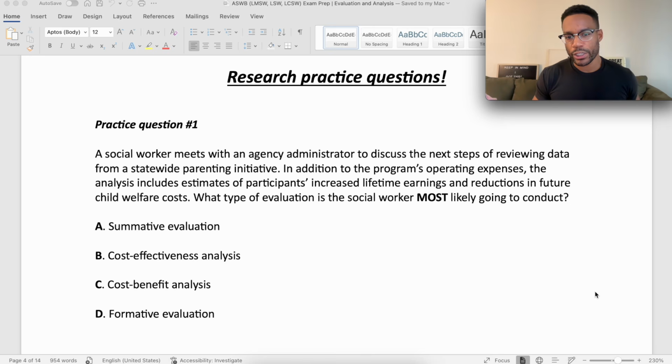What type of evaluation is the social worker most likely going to conduct? A. Summative evaluation. B. Cost effectiveness analysis. C. Cost benefit analysis. Or D. Formative evaluation. Take a sec, pause, and then we'll break it down.